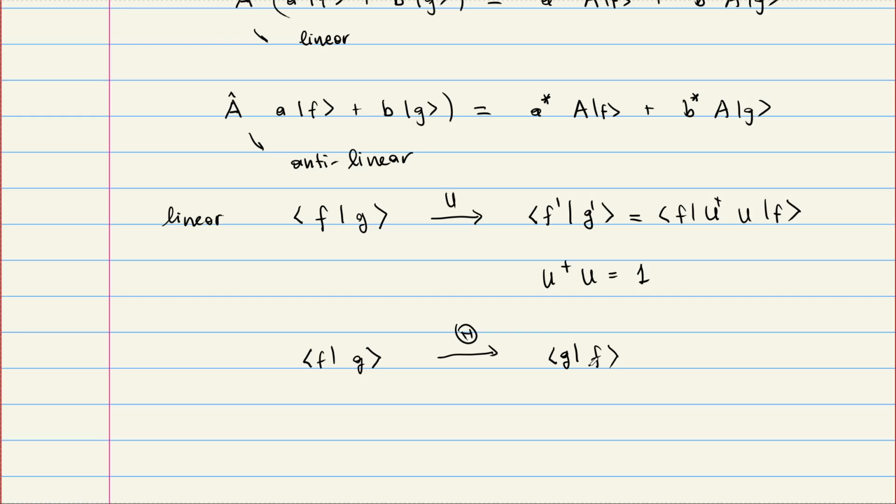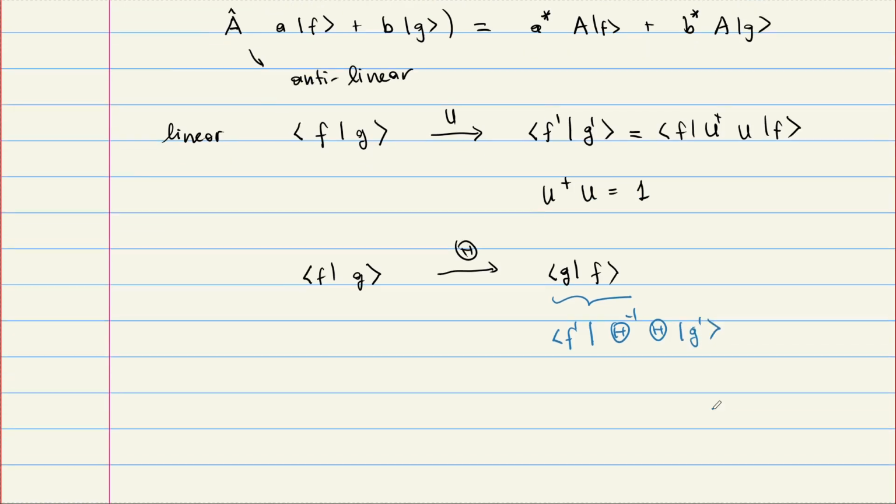And we require this to be the transformed g f, acting on theta minus 1, theta g transformed. And from here I require theta minus 1 theta is equal to 1, which is correct for all invertible operators. Good.